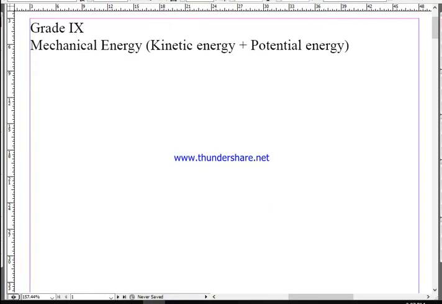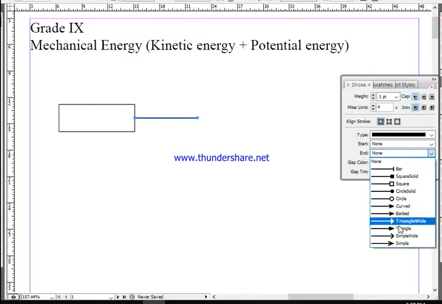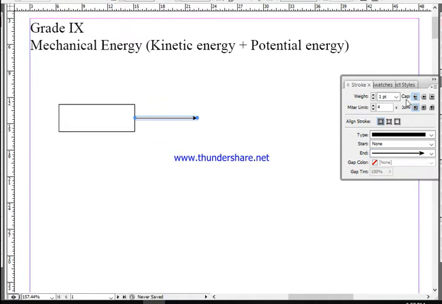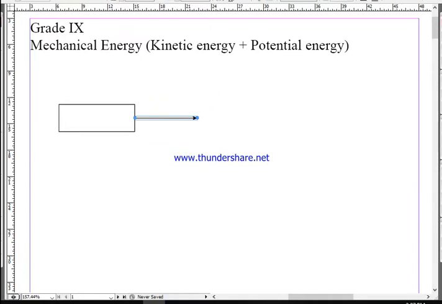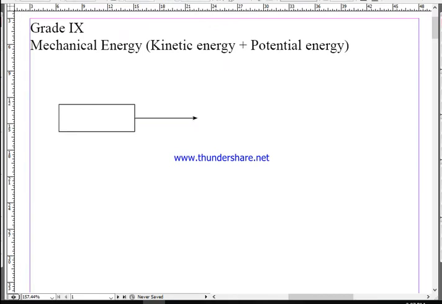Now my question is, if an object is simply moving forward, which type of energy does it possess? Definitely we all know that it possesses kinetic energy.